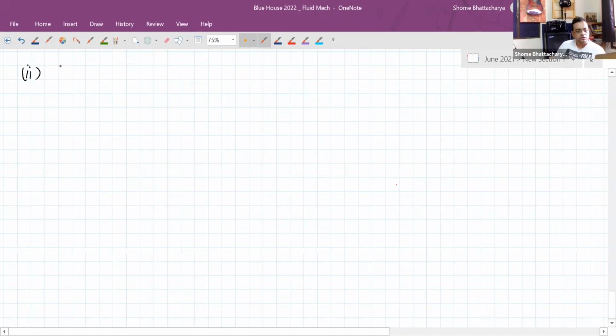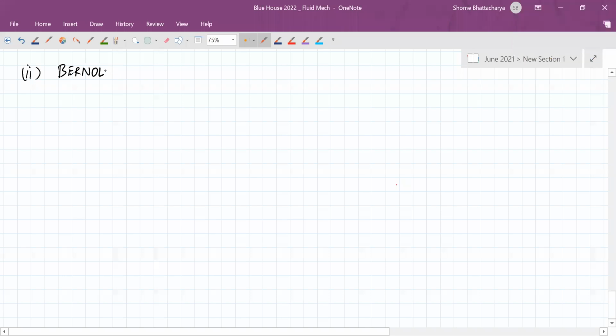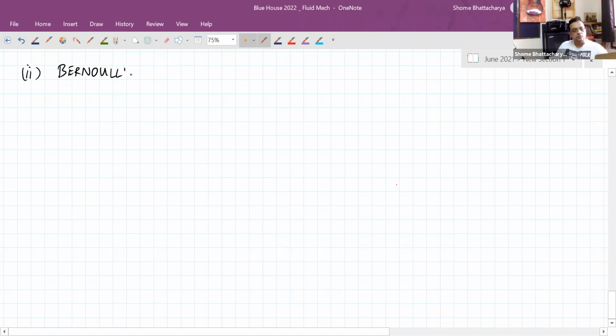Bernoulli was the name of a physicist, so that's how this equation's name has come. Bernoulli's equation is something that relates three parameters for streamline motion in a fluid.